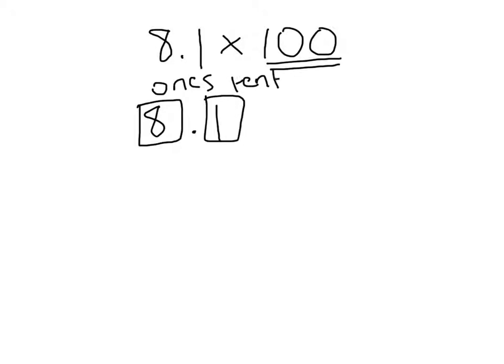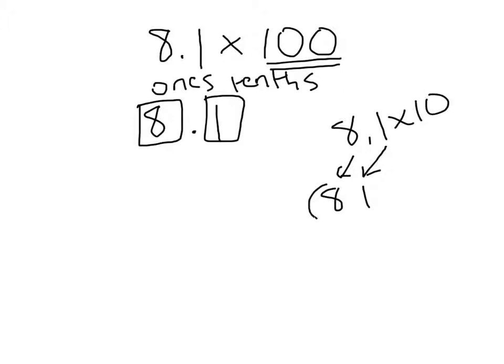When we're multiplying by 100, we're not going to only move one place. If we had 8.1 times 10, we'd only move it one place. The ones would go to the tens place just as before, and the tenths would go to the ones place, because 1/10 times 10 is worth a 1. And so 8.1 times 10 is 81.